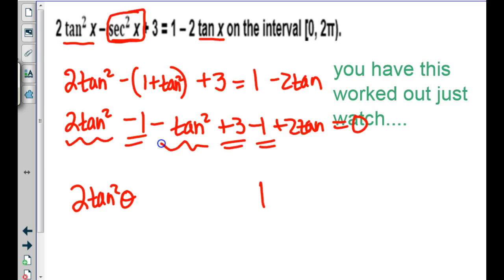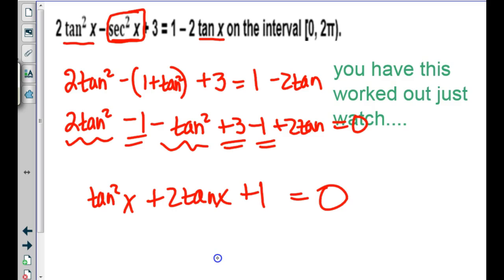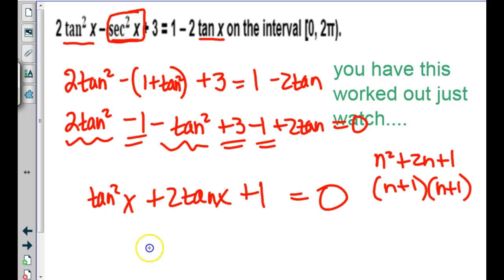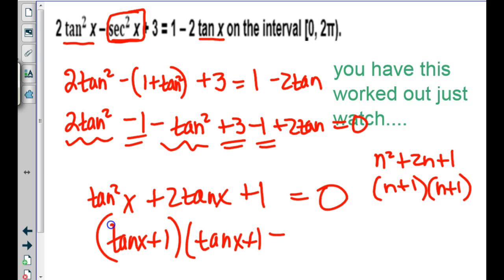Combine those and what do we get? Just tangent squared, not 2. And then we have this guy, plus 2 tangent. Okay. That factors. It's like you have an n squared plus 2n plus 1. How would that factor? n plus 1, n plus 1. Everybody good? So this factors: tangent of x plus 1 times tangent of x plus 1 equals 0.